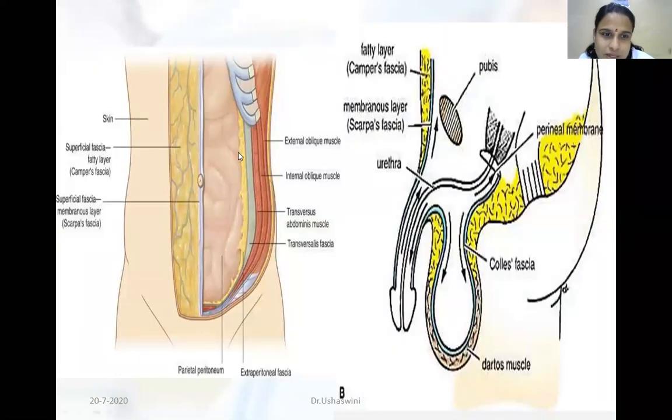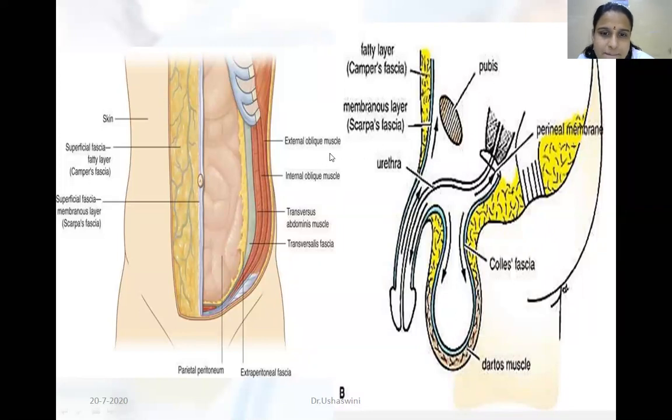This is again the pictorial representation. The skin, subcutaneous fat, within which is embedded the superficial fascia, that is the fatty layer, called Camper's. Remember, it is Camper's first, that is the fatty layer. Next comes the superficial membranous layer, Scarpa's fascia. Next, the deep fascia that I told you is almost enclosing the muscles.